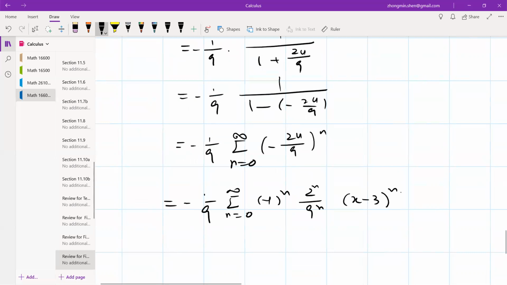We do get a power series representation, and that should be the Taylor series. Of course you have to move the constant inside. So it's negative 1 times negative 1 to the n, which is negative 1 to the n plus 1, over 9 to the n plus 1, times 2 to the n, x minus 7 to the power n. So this should be the final answer.